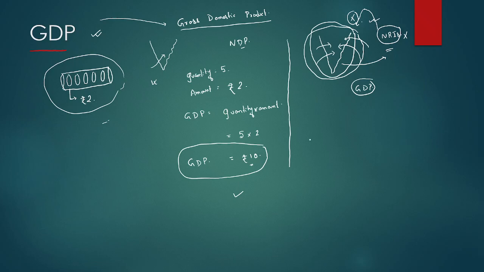Next thing we need to keep in mind is that for making this biscuit, I think we need some maida and also some other things. Like I think wheat is required. I'm not so good in cooking, I'm just giving an example. So this is something in the primary sector.